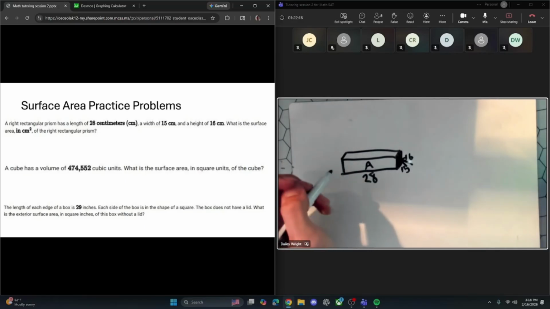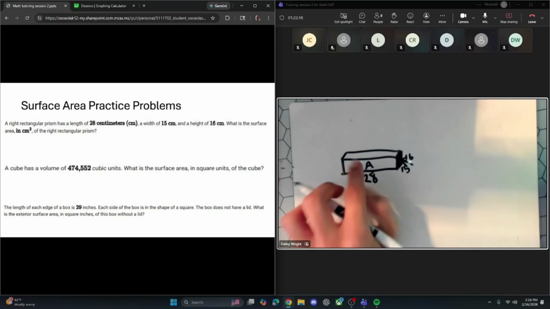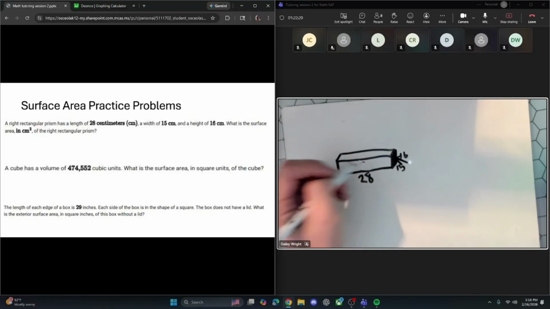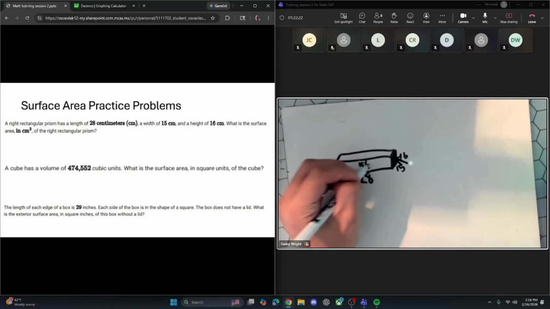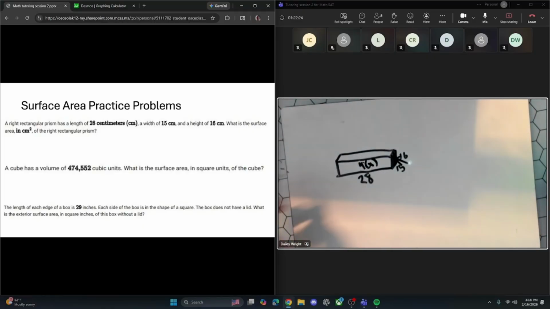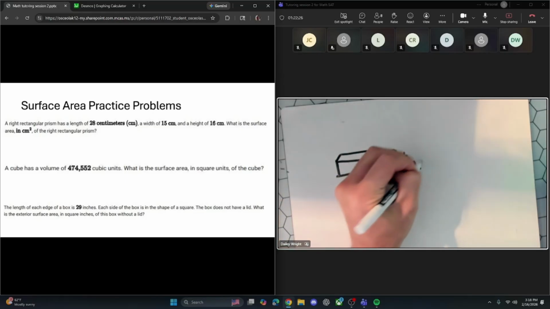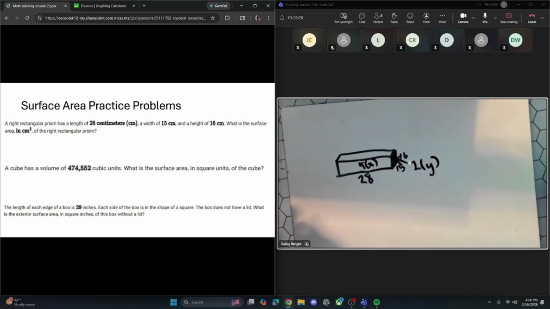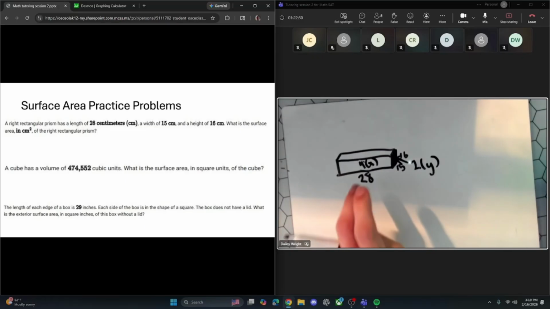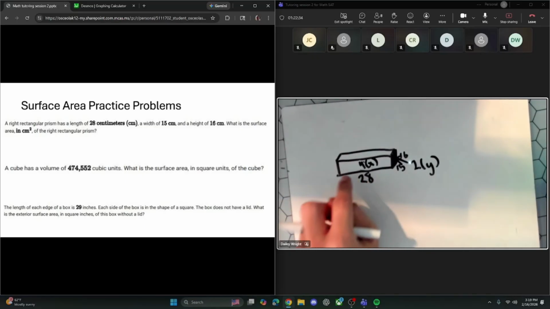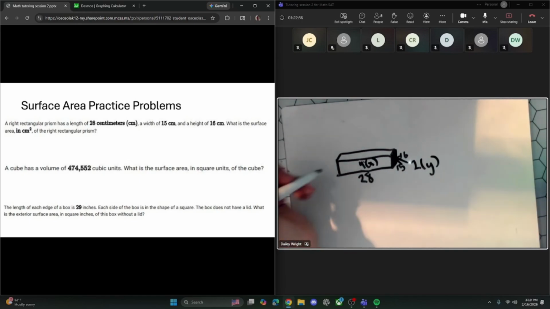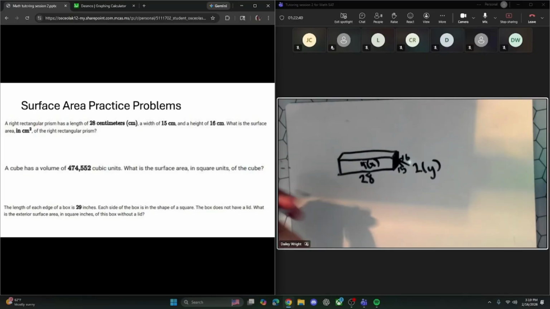So it would be 4 times the area of this. Let's set that as x. 4 times x. And then 2 times this, which would be y, because you want to find the total area. You're adding up the total area of all these different pieces of the rectangular prism. That is why it's surface area, because you're not going on the inside at all.